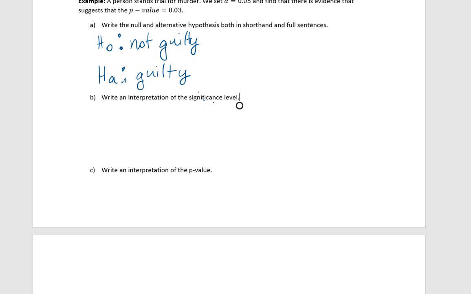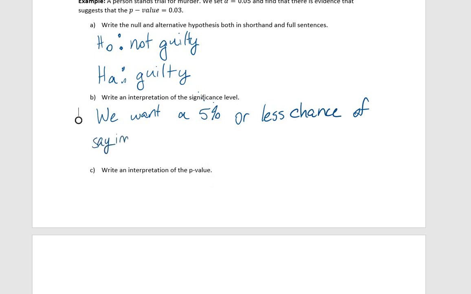So let's write an interpretation of the significance level. We want a 5% or less chance of saying a person is guilty.